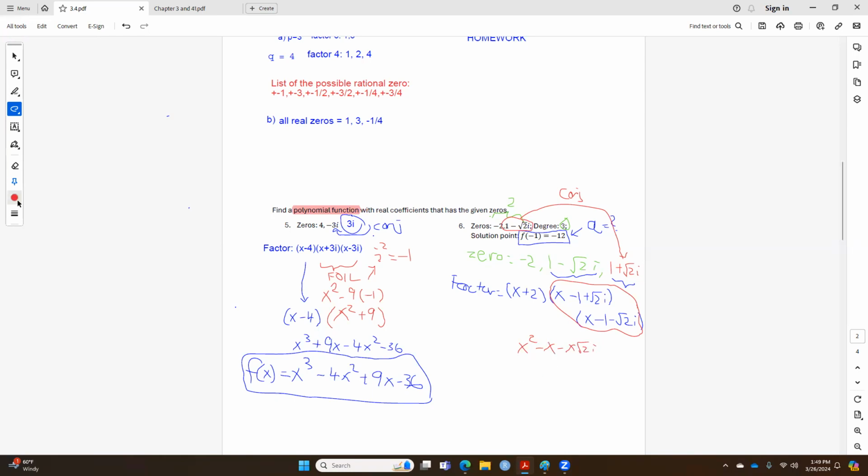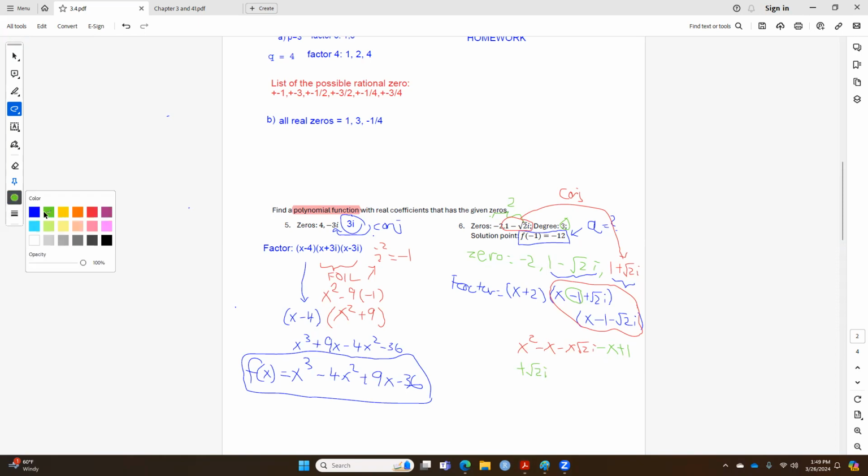Okay. And then the next one is I take the -1 and I multiply it to those. So -1 times x is -x. -1 times -1 is +1. -1 times -√2i is positive. I'm going to write this over here, continuation, +√2i.